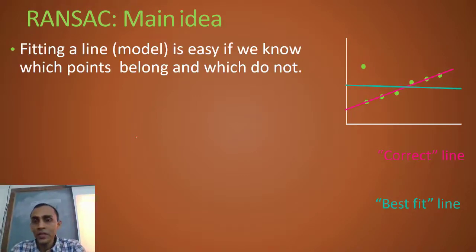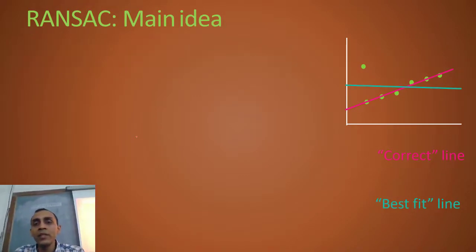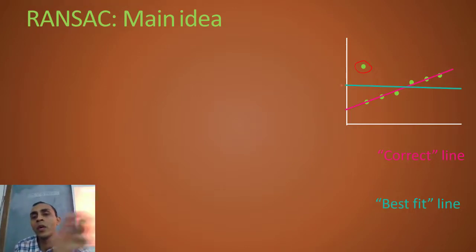We'll explain the main idea with the help of line fitting. What we discussed earlier, let us say these are some random points and there is one outlier. If we use our least square error fitting, then we get this kind of line.